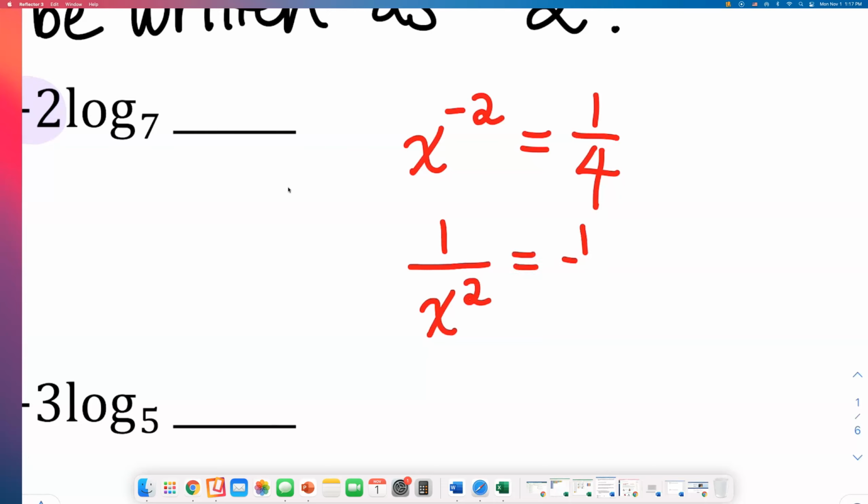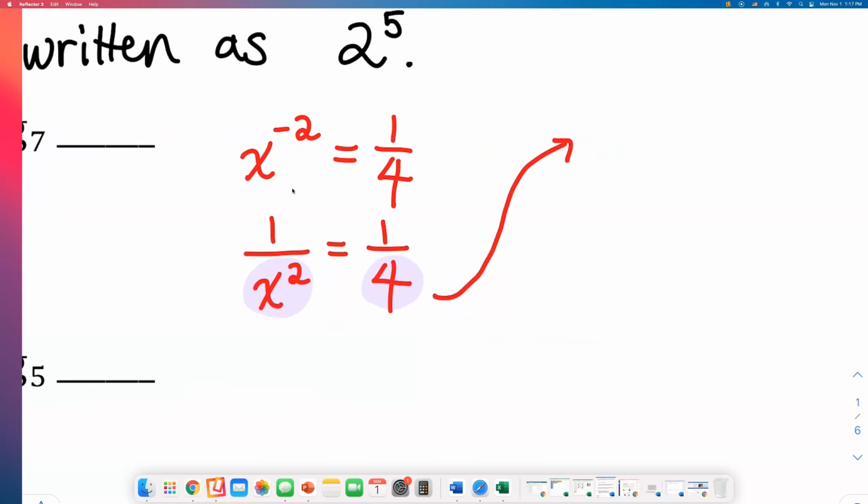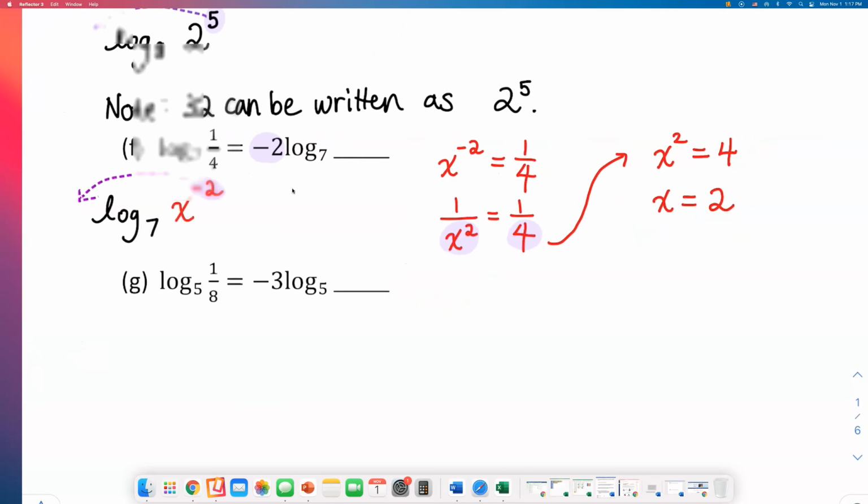Because of the negative exponent, it goes to the bottom. But now look, what must be x? x squared is equal to 4. So if you solve that, you get x squared equals 4, and you may get x equals positive or negative 2, but in this case, I think only the 2 will go.